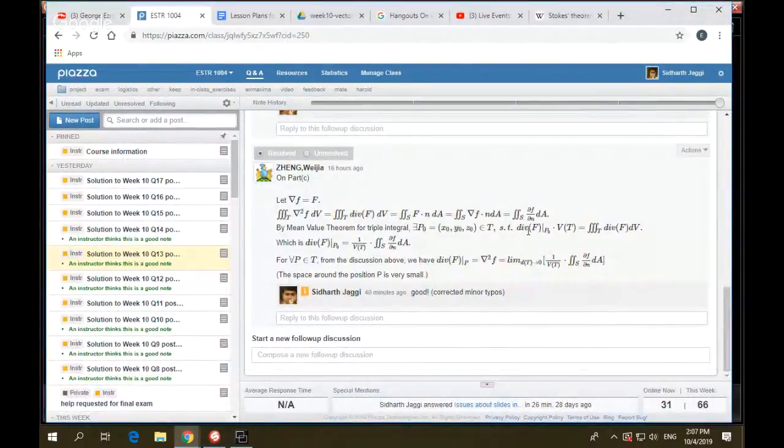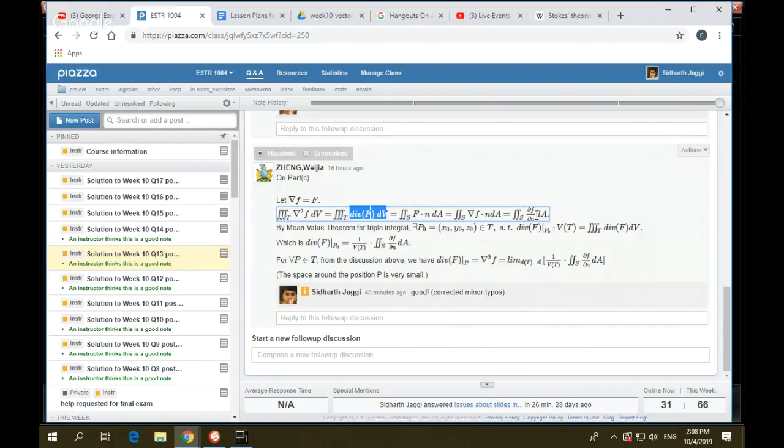So he says that when we are looking at this divergence of f dV, when we are doing this integral, taking the triple integral, if we take this volume to be very small, then we can treat this divergence of f like essentially a constant, and multiply by the volume of that object there, and that will be approximately equal to this quantity here.